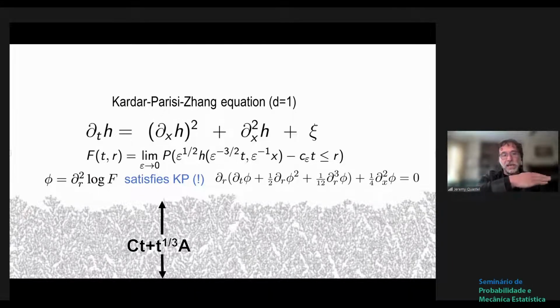I could start with any deterministic initial profile for the H. And then the second log derivative of this asymptotic one-point distribution function, F_{T,X}(R), turns out to satisfy this famous integrable equation from integrable PDE, which is the Kadomtsev-Petviashvili equation, which is written here. And if you don't know what KP is, well, this is it. You can see that the thing inside of the DR, if the thing didn't depend on X, say you were starting with a flat initial condition, then nothing does depend on X.